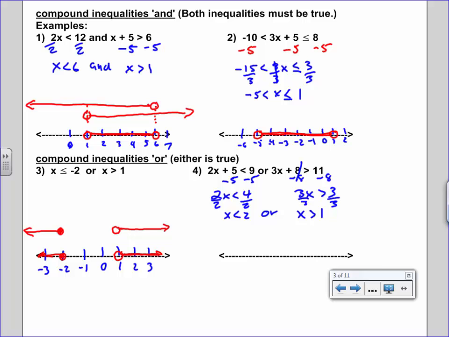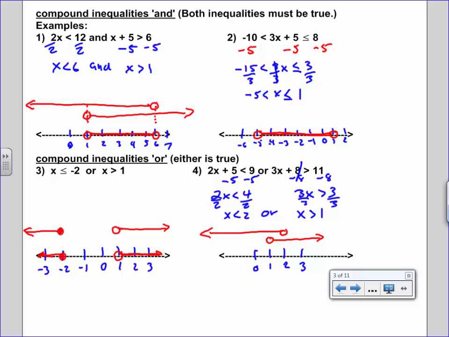So we have x is less than 2 or x is greater than 1. In this case, x is less than 2 would be this. X is greater than 1 would be this.